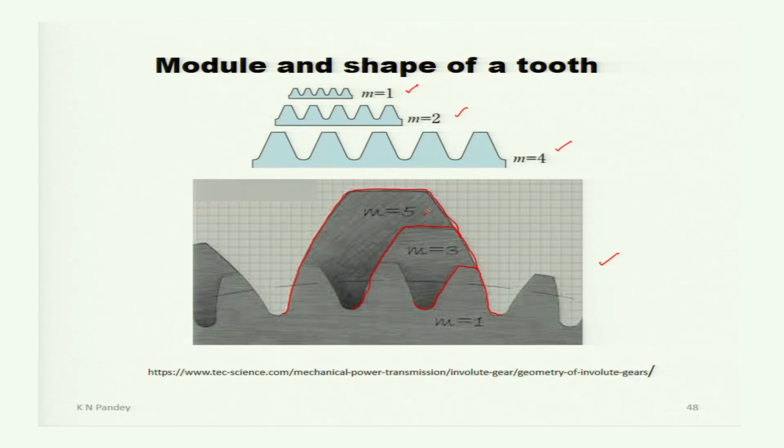This is for m is equal to 5, this is for m is equal to 3 and this is for m is equal to 1. So, you may see very clearly how the shape of the gear tooth is changing. The gear tooth is becoming bigger with the increase in module.